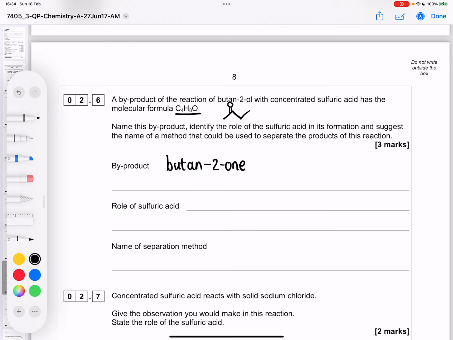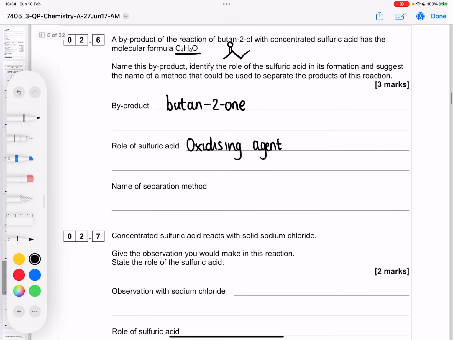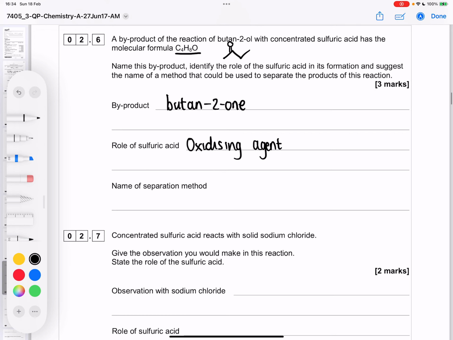So sulfuric acid is causing oxidation, so it's an oxidizing agent. If we want to separate a ketone from an alcohol, because alcohols have hydrogen bonding but ketones don't, then we'd use distillation because ketones will have a lower boiling point than alcohols.